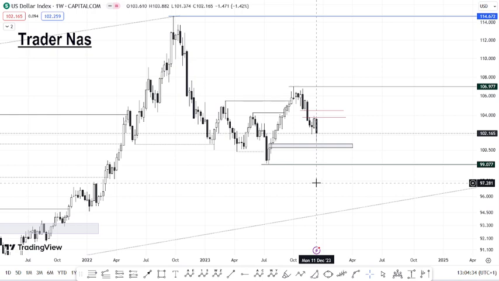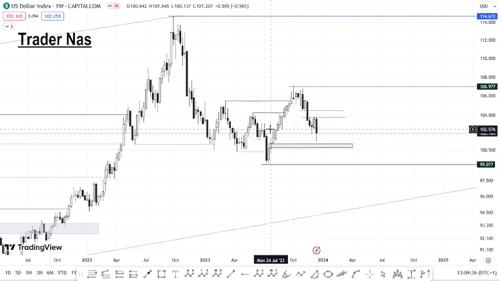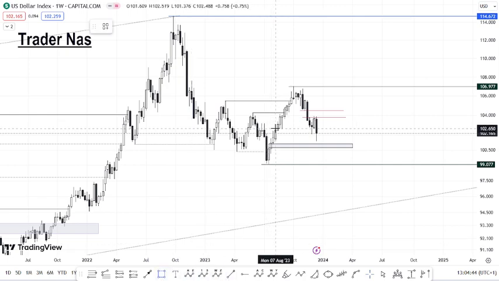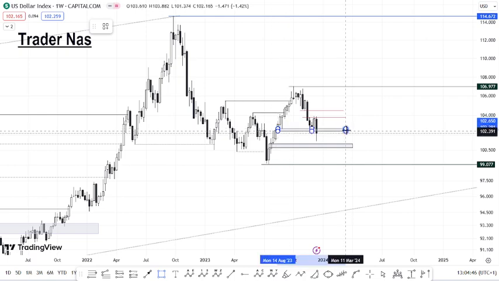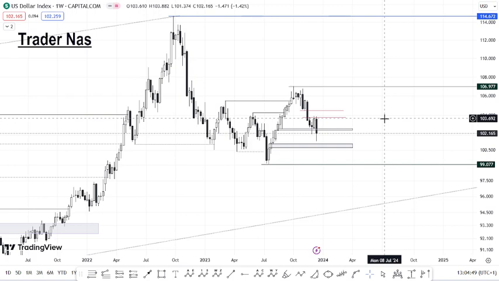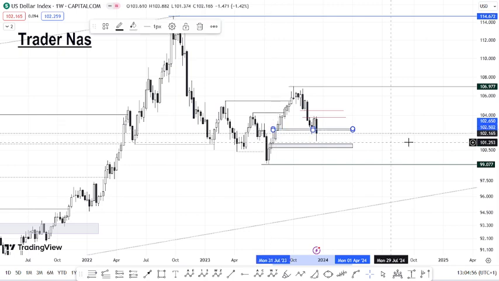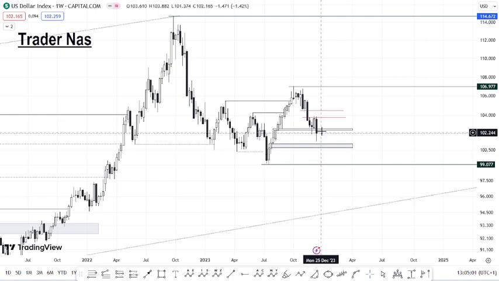Before going far, there is this scenario here that I have. Let me mark it with this candlestick here. So we have another zone here, and price could probably pull back to this zone and continue to fall.